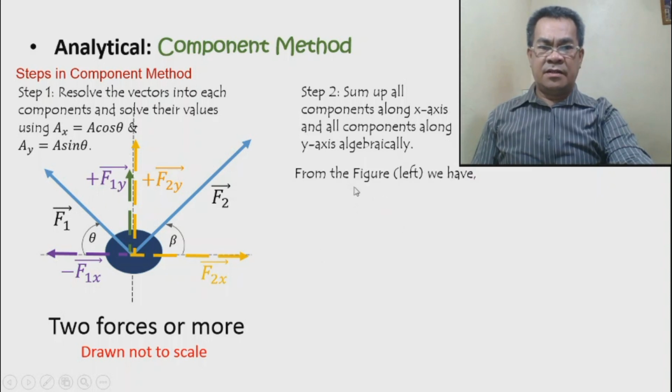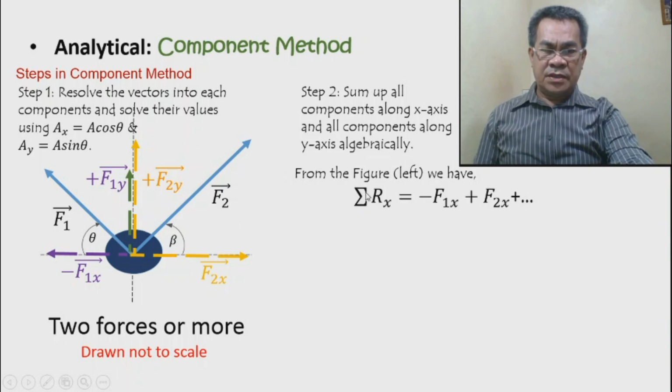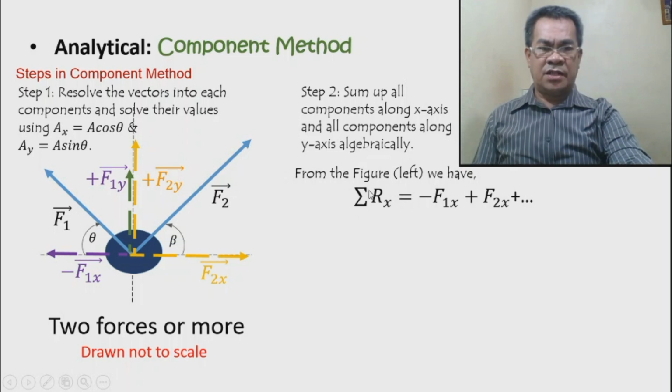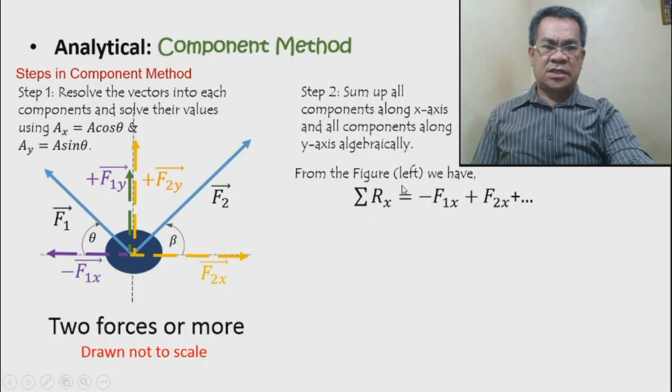So therefore, from the left drawing, you have to sum up the components along x. This is the word of summation, or you can ignore this one. This is understood to be the x component. So we call it Rx. Okay, Rx is the sum of all components along x.